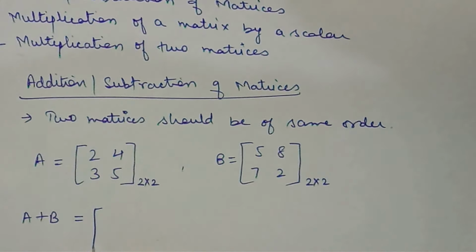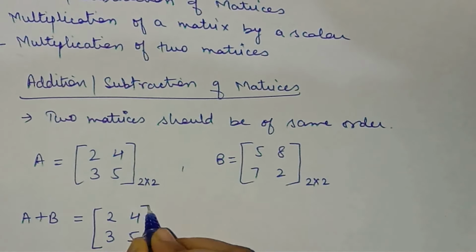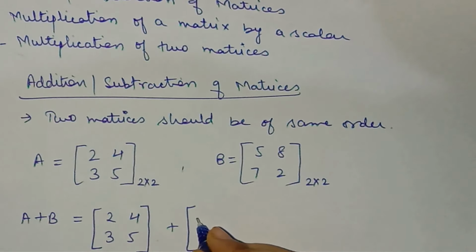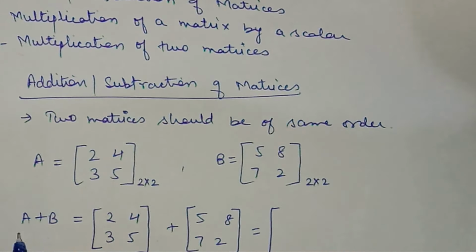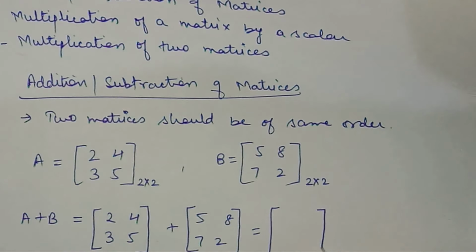It will simply be the addition of the corresponding elements of the two matrices, and the result, A plus B, will be a new matrix of the same order, a 2 by 2 order matrix.